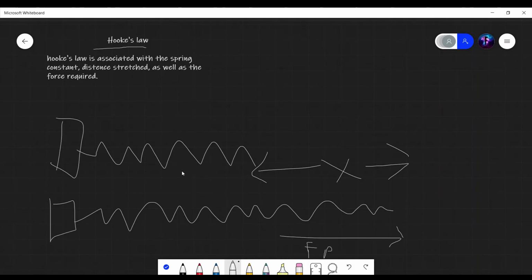That's one force. And FP is equal to the positive side, going to the right, so that's positive. And there's another one called FS, which is returning to its original place, and that is in the negative direction.